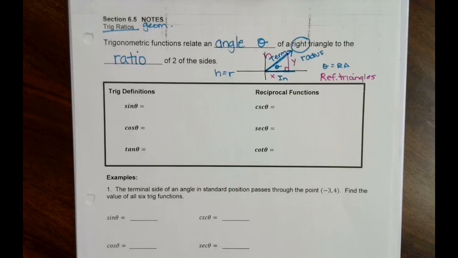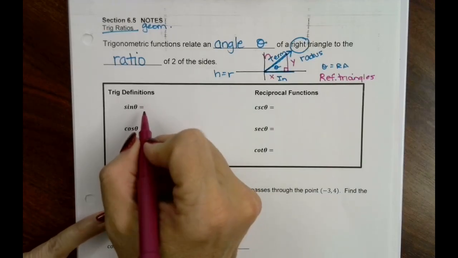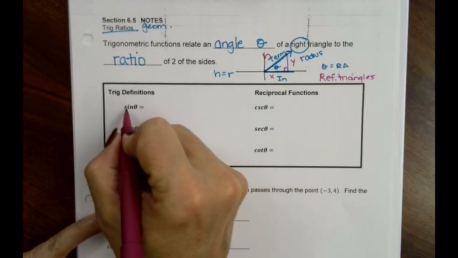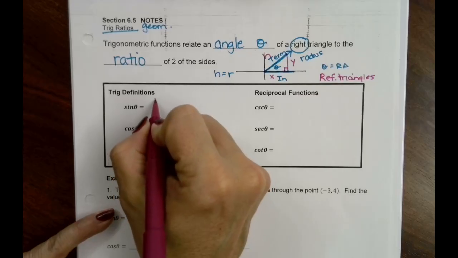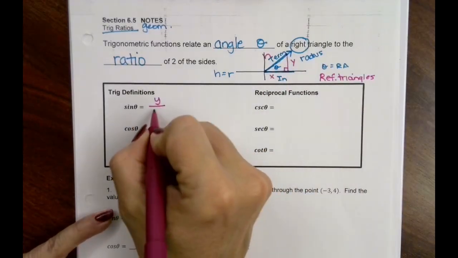So when we define this, we're not going to think of this in terms of SOHCAHTOA. That's what you did in geometry. We're going to think about this in terms of trig. So my sine function is going to be the y component of my reference triangle over my hypotenuse.